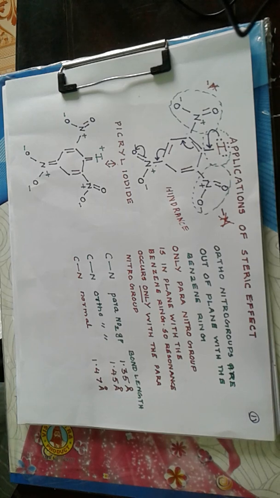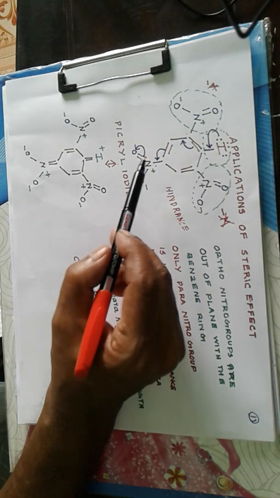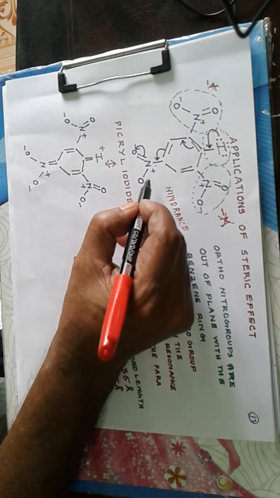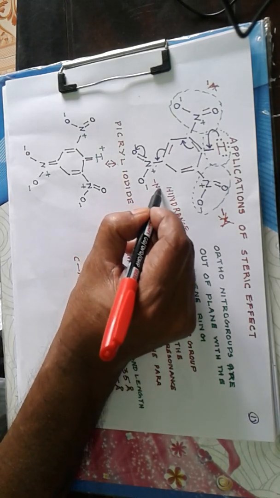So steric repulsion or steric hindrance is absent when the nitro groups in the ortho positions assume a plane perpendicular to the plane of the benzene ring. Then minus m effect of these nitro groups is absent, whereas the para-nitro group can show minus m effect, so minus m is possible here.